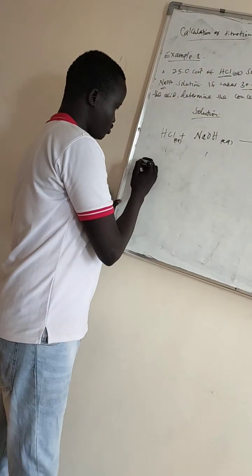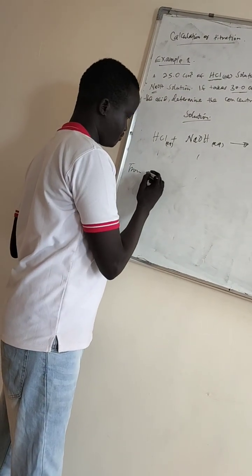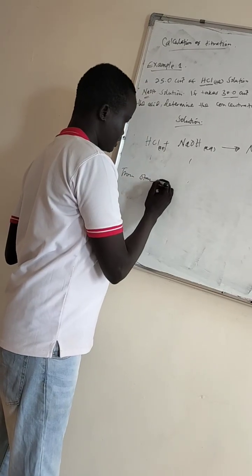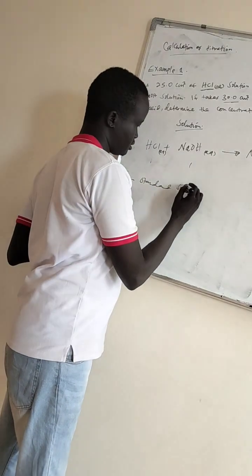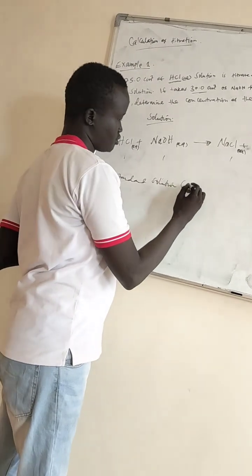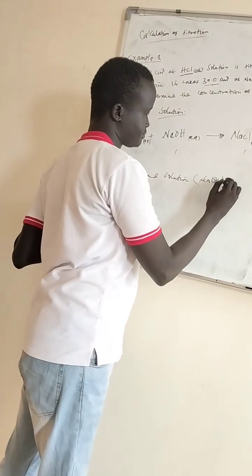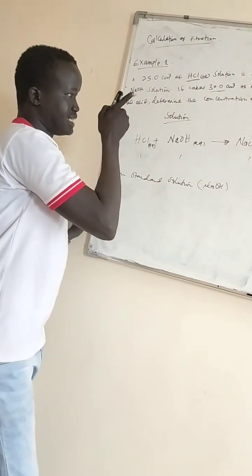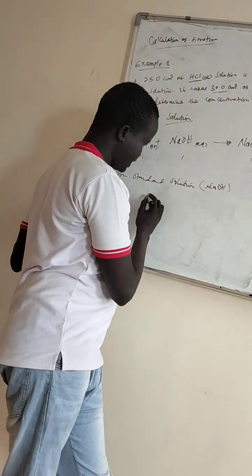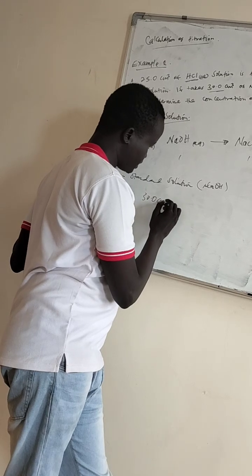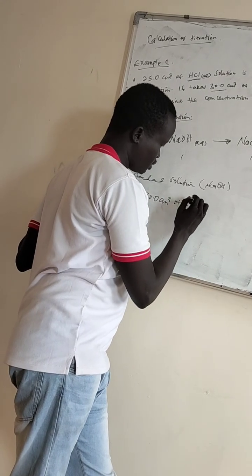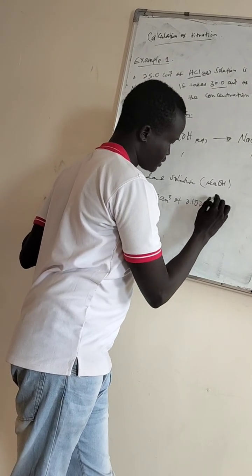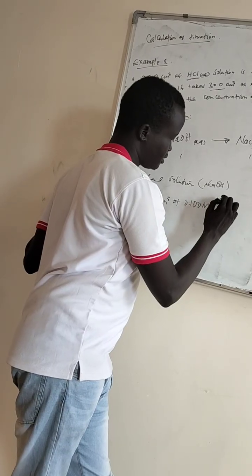So, this is the second step. From the standard solution, which is sodium hydroxide, it is given that we have 30.0 centimeter cube of 0.1 capital M sodium hydroxide.